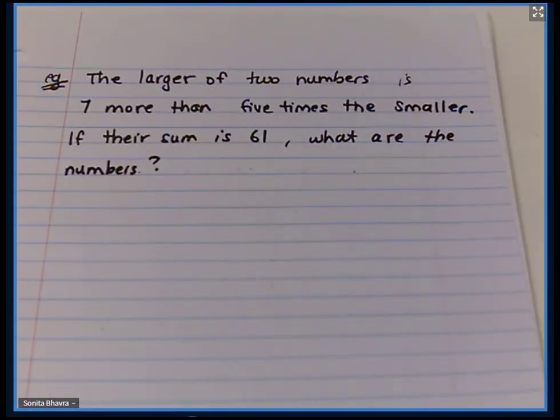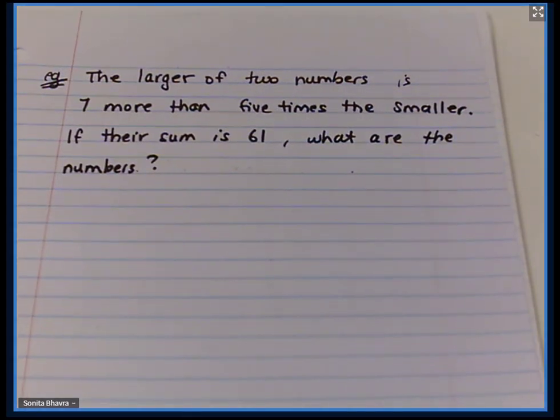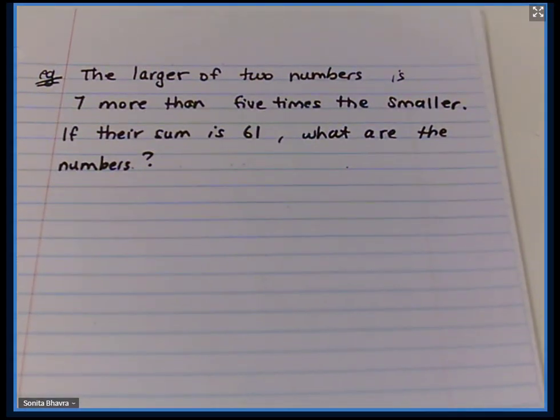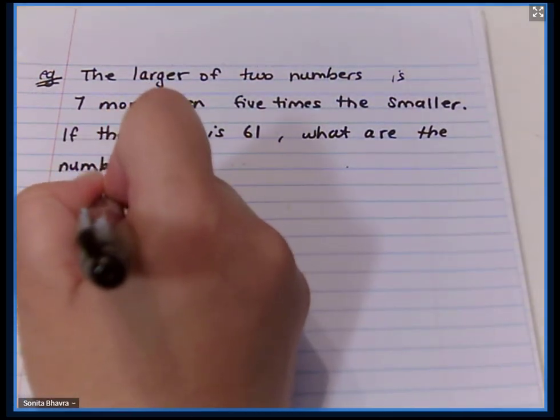All right, our next example: the larger of two numbers is 7 more than 5 times the smaller. If their sum is 61, what are the numbers? With a question like this, we have to solve for two numbers, the larger and the smaller.